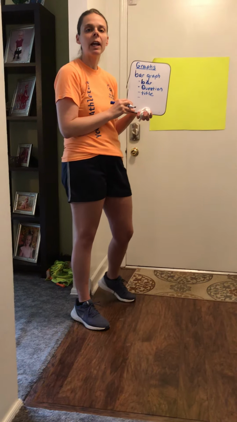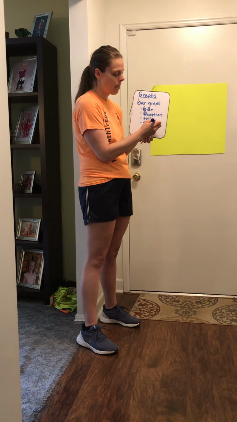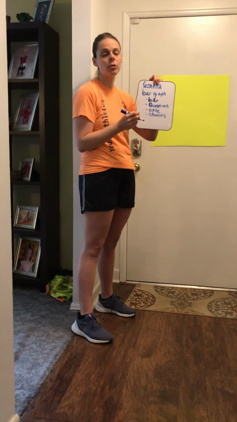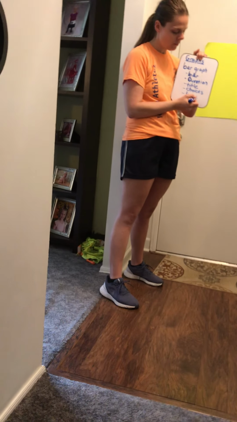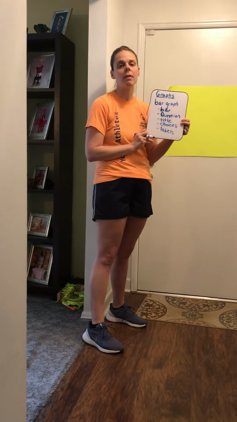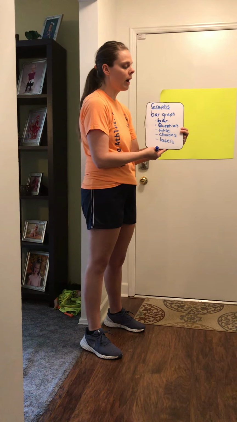After you know what you're going to ask everybody, you need to decide your choices, and those go along the bottom of your graph. So we're going to have two axes, two labels on our graph, and we're going to use those labels to mark the choices and then to mark the numbers of how many people chose that choice. All right, so that's what we need for our bar graph.